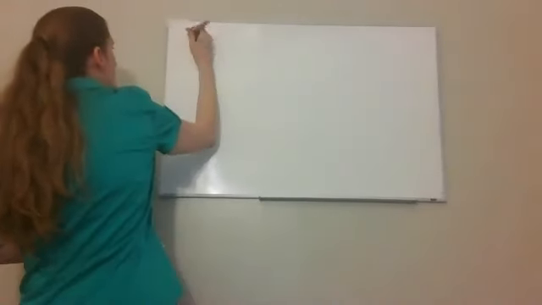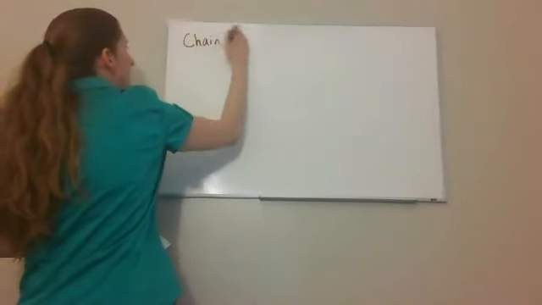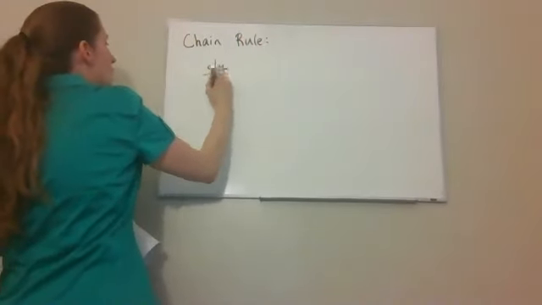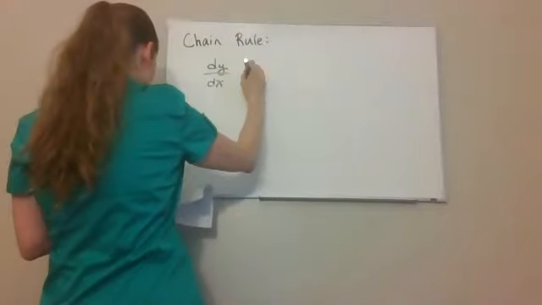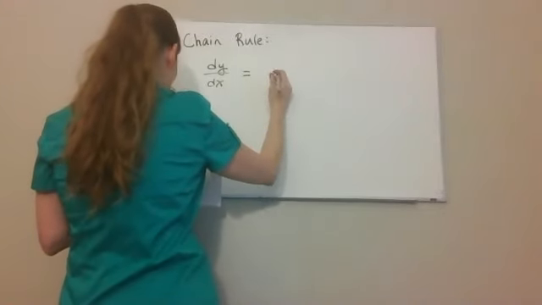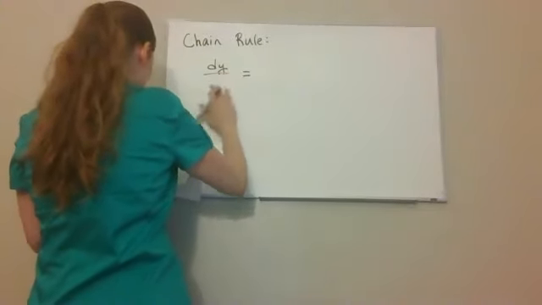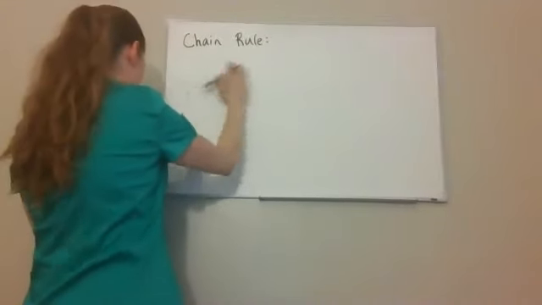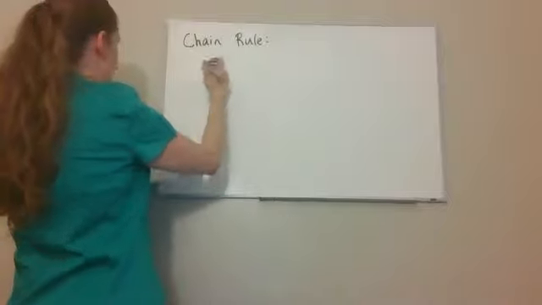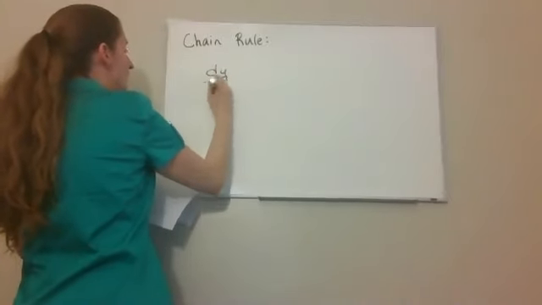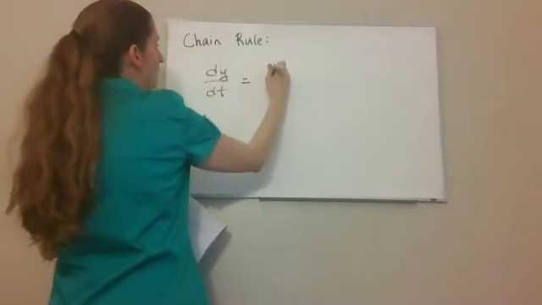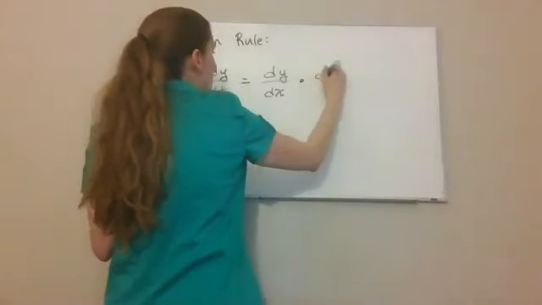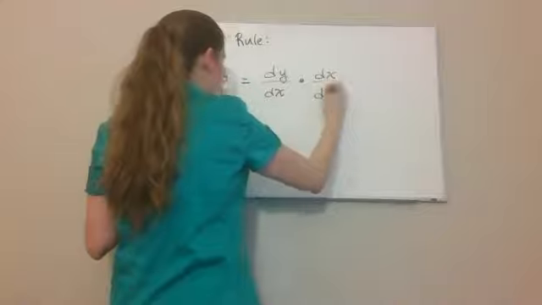So our chain rule says that dy dt is equal to dy dx times dx dt by our chain rule.